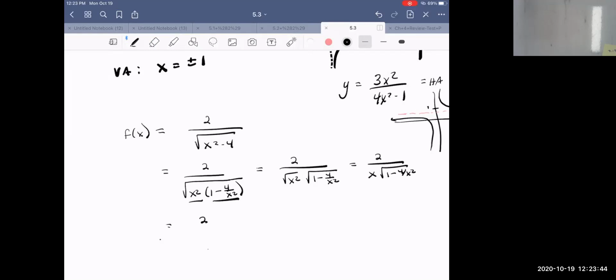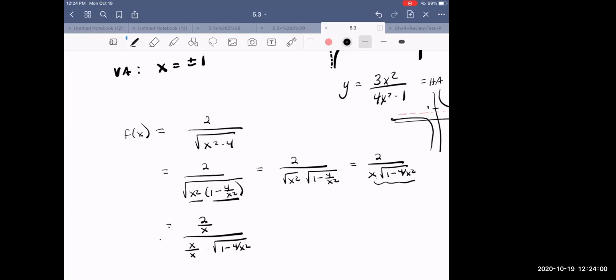So I have 2 over x divided by x over x times root 1 minus 4 over x squared. Remember, this is a product, so I only have to divide what's outside by the x. Even though the radical inside has an x squared, the highest degree of the denominator would still be x.